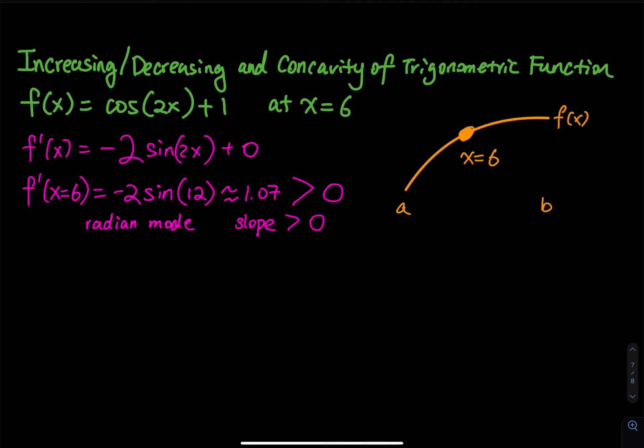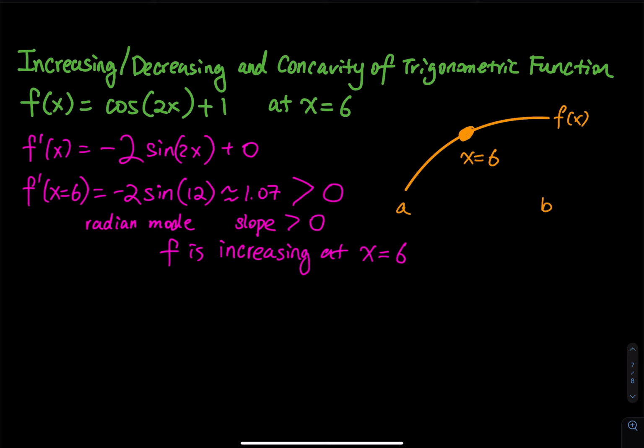That means the function is increasing at x equals 6. Okay, it's increasing. We are talking about one specific point. I'm not talking about 5 or 7, I'm talking about 6. When x equals 6, the function is increasing.